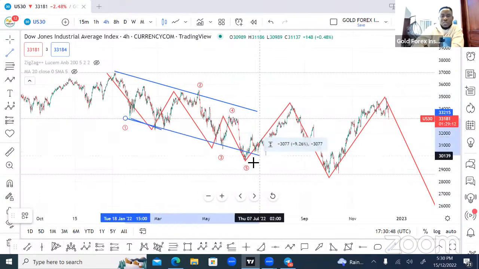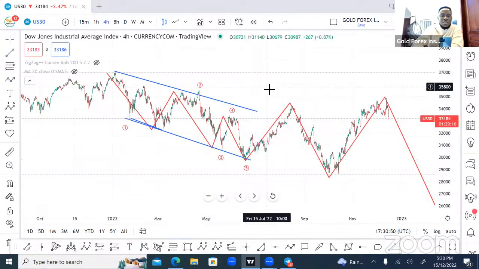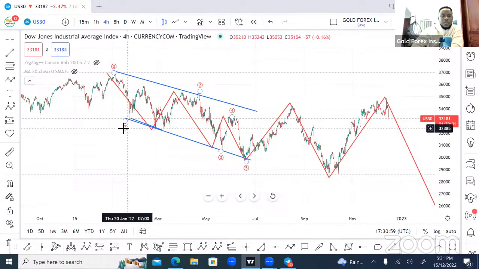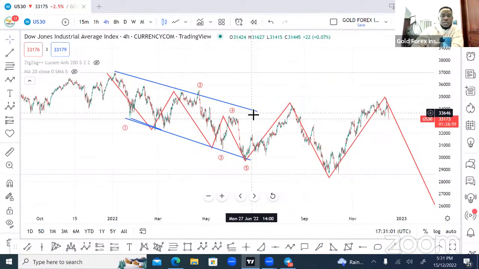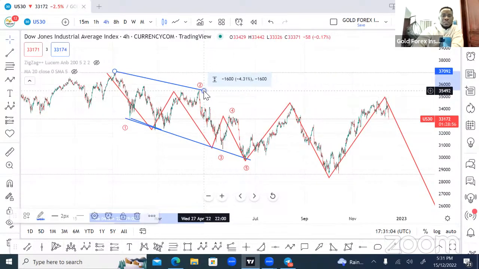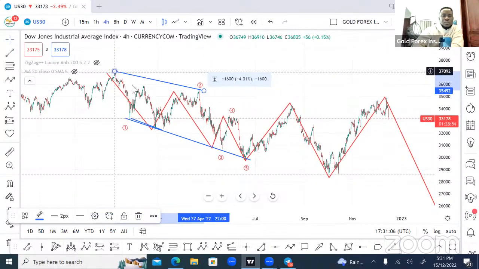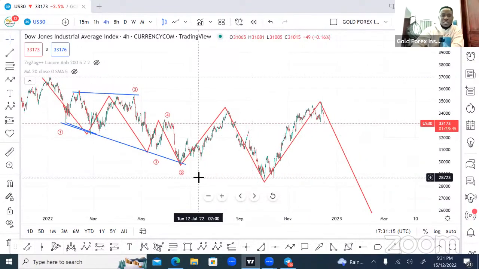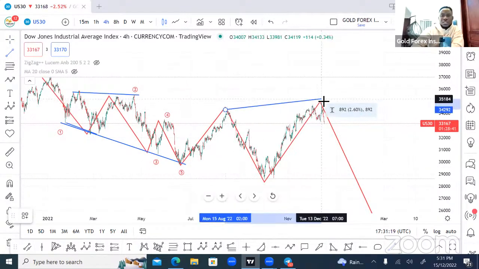So there are two scenarios where this could be a leading diagonal. In a leading diagonal, wave 4 can come to the price area of wave 1. So it doesn't matter. You learn this in the upcoming STR advanced course. Then that means this is forming a flat correction.